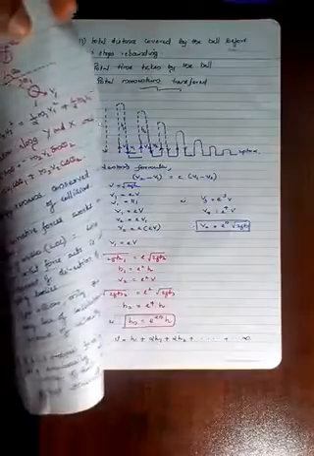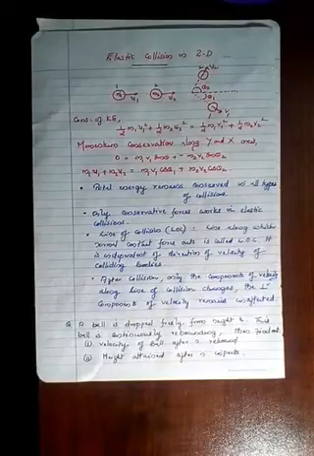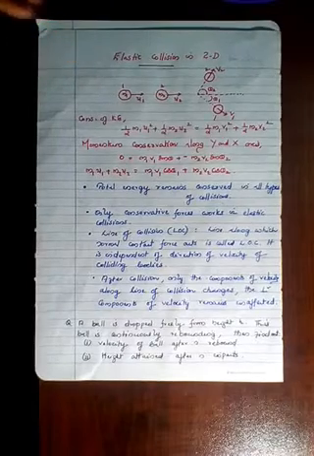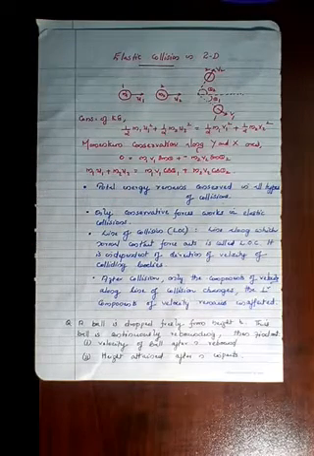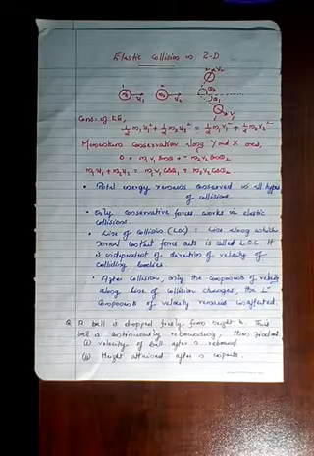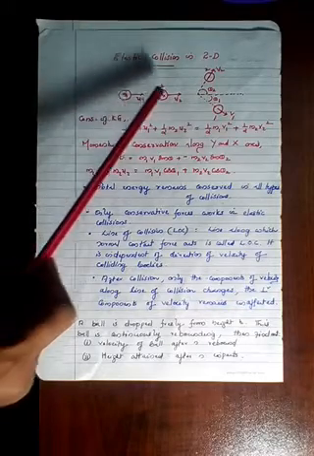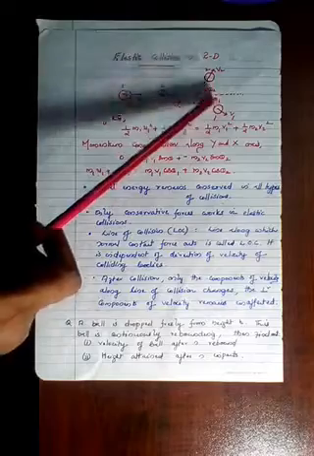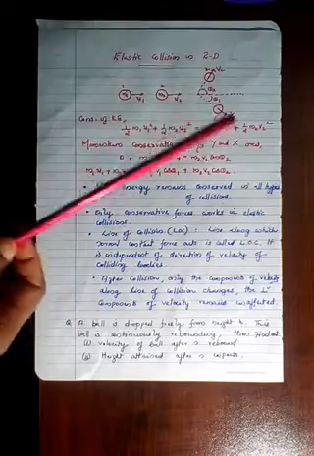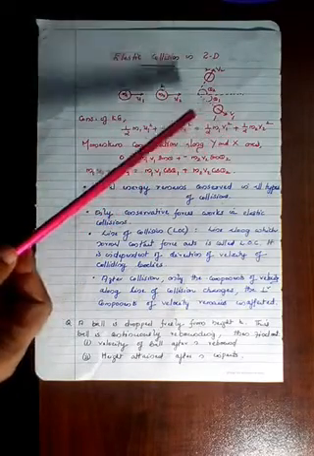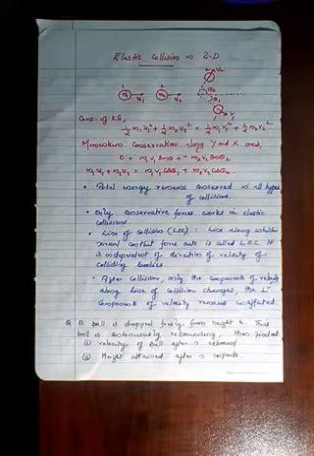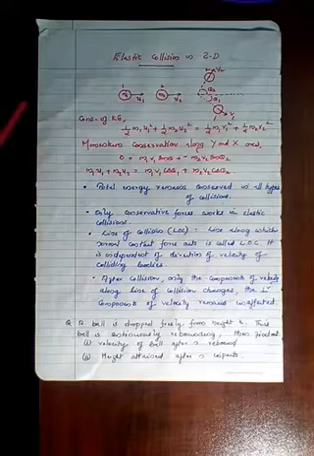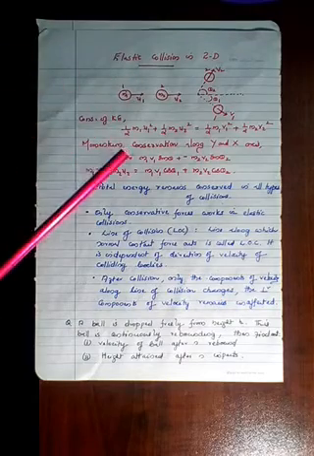The very important concept, elastic collision in two dimensions. Look, the steps we have to use to solve the problems relating to two-dimensional collision. So after collision, their velocity directions make angles theta 1, theta 2. What are the procedures we have to do? So at first, for elastic collision, the conservation of energy.